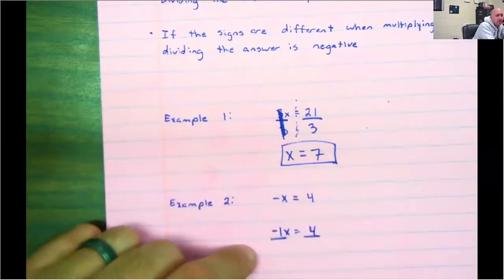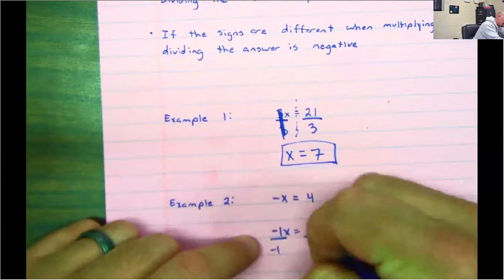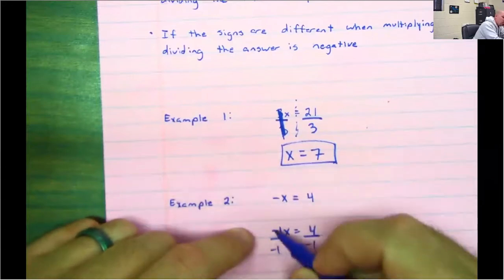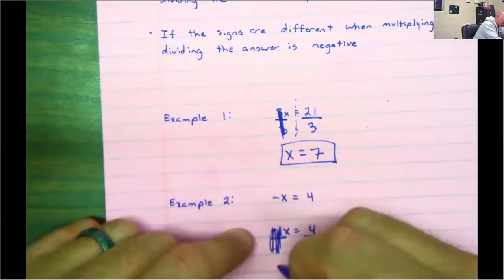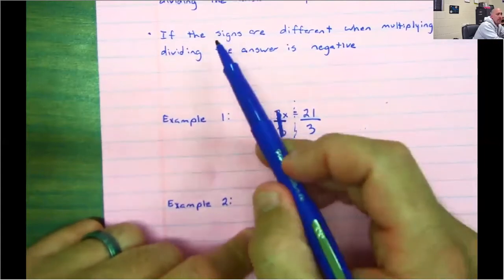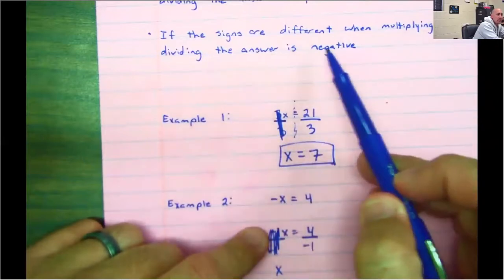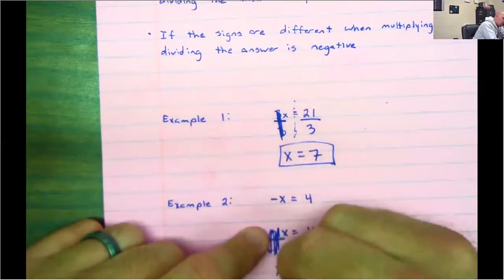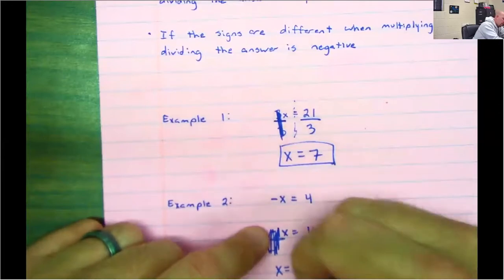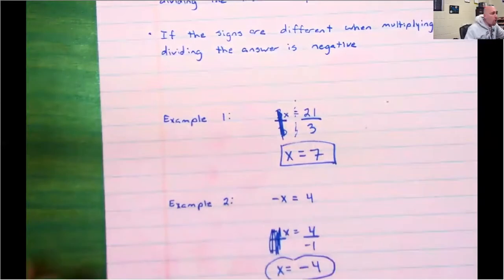Divide by the number in front of x. Some of y'all are going to tell me 1. That's not 1. That's a negative 1. The negative 1s go away, leaving you just with x. Ooh, signs are different. If the signs are different when multiplying or dividing, the answer is negative. 4 divided by 1 is 4. So the answer should be negative 4.